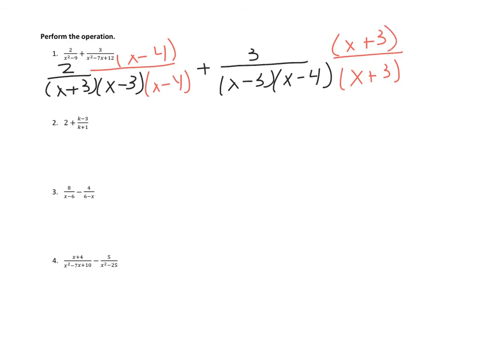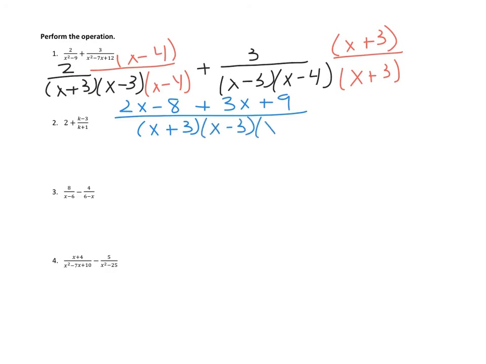All right, so you would get 2x minus 8, and then the next one would be 3x plus 9 over your LCD. Let's simplify the top. 5x plus 1 over your LCD.